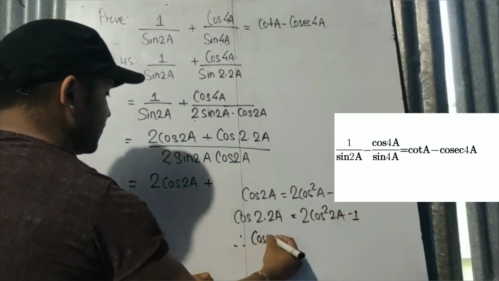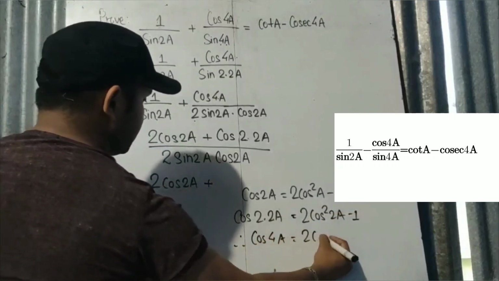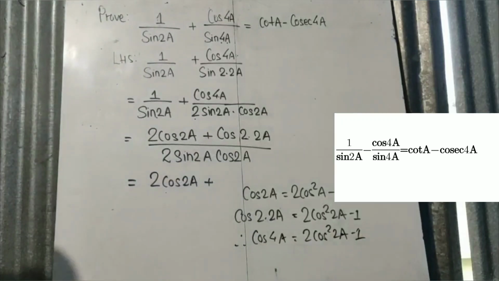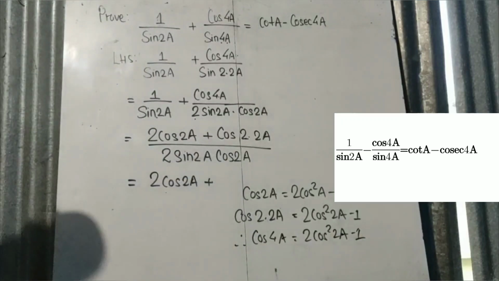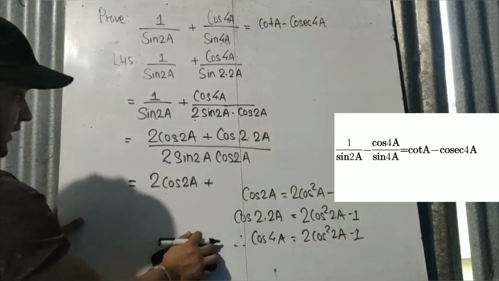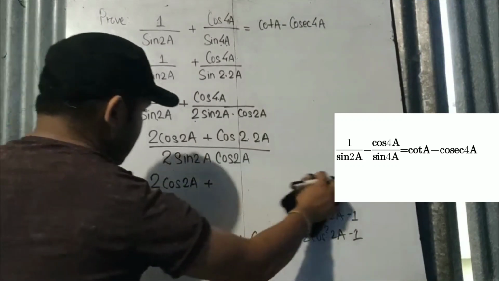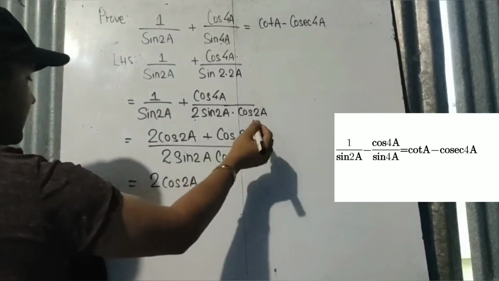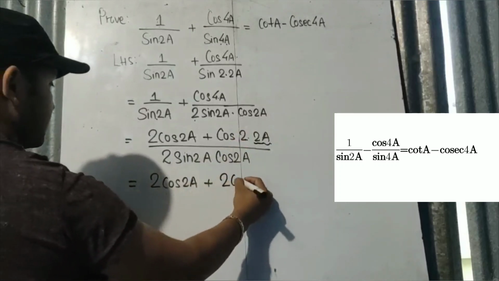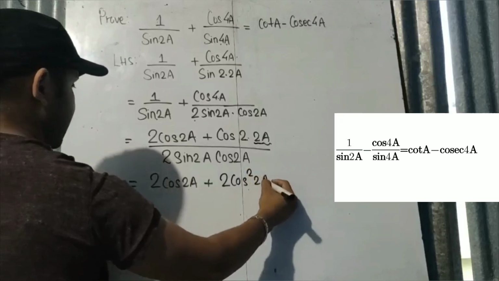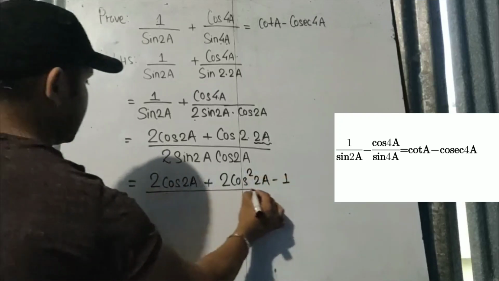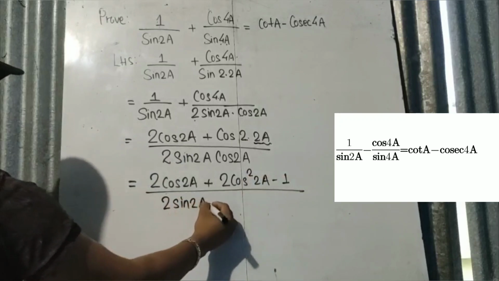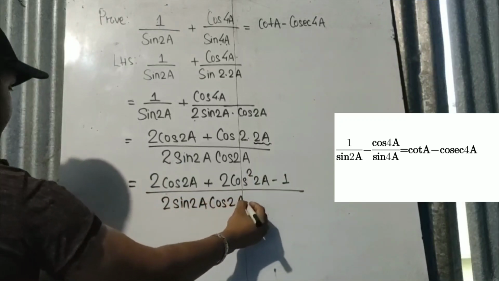So cos 4a is 2 cos square 2a minus 1. In place of cos 2a, our formula is 2 cos square a minus 1, taking 2a as a. So 2 cos square a minus 1 divided by 2 sin 2a cos 2a.